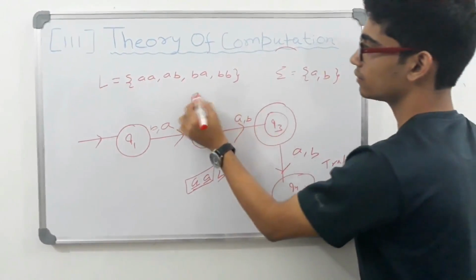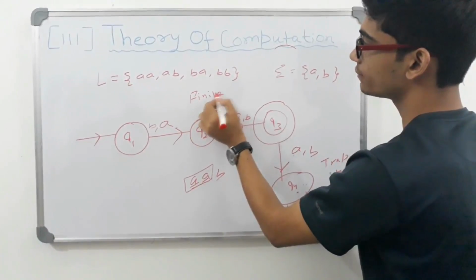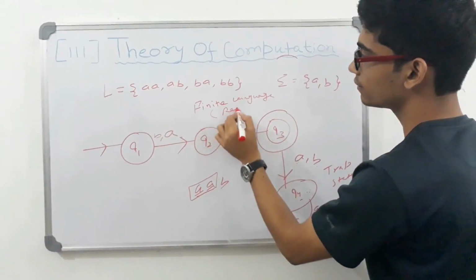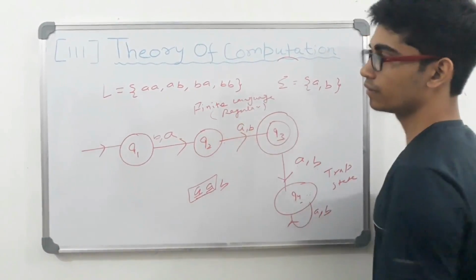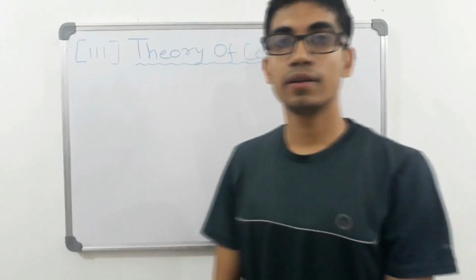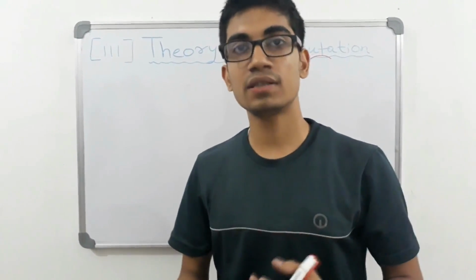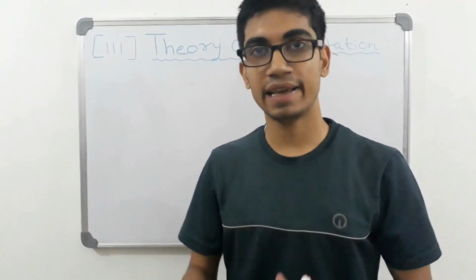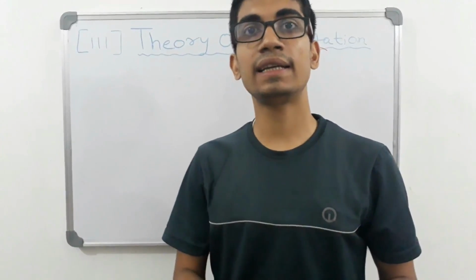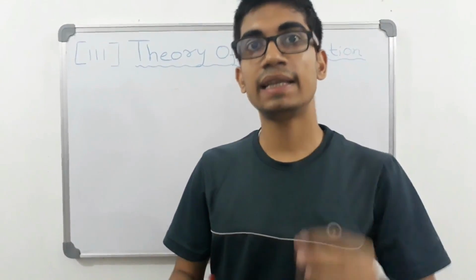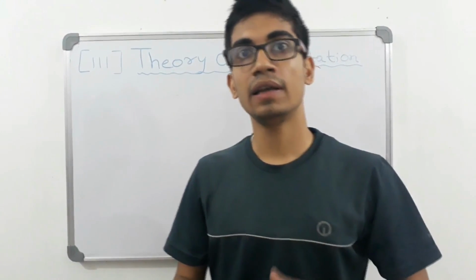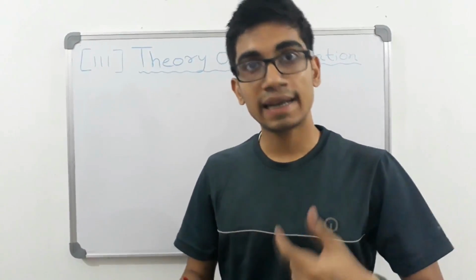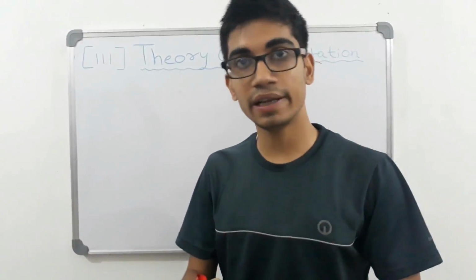So this was a finite language, isn't it? And I told you that every finite language is regular. Okay, so friends, we got the notion of acceptance. We saw when a language is accepted by a DFA, and we differentiated that when we say a language is accepted by a DFA, there must be some strings that do not belong to that language, and those must be rejected by the DFA also.